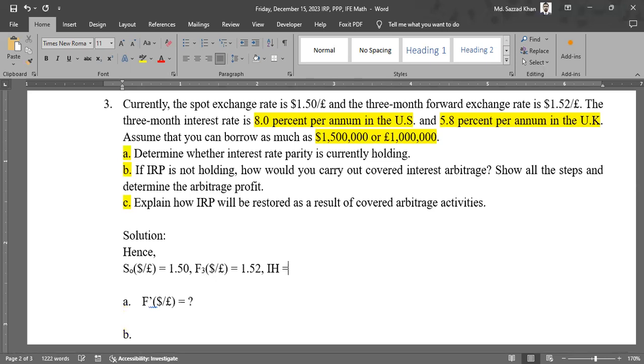Now the interest rates. That's annual, okay?